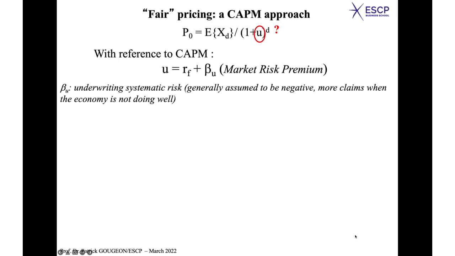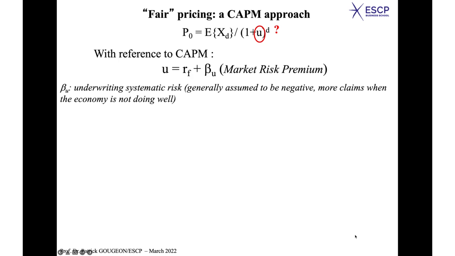In other words, when the economy is not doing well, usually the cost of claims will increase. Okay? Because companies are not spending as much on safety, and you have a business climate which is not that good, which is conducive to more accidents. Well, for many reasons. I think it's kind of natural to understand this, but we observe it.